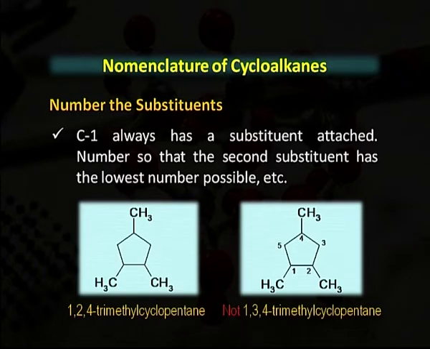The right IUPAC name of this compound is 1,2,4-trimethylcyclopentane, not 1,3,4-trimethylcyclopentane, because position 3 is empty, so we cannot use that in this structure by IUPAC nomenclature.